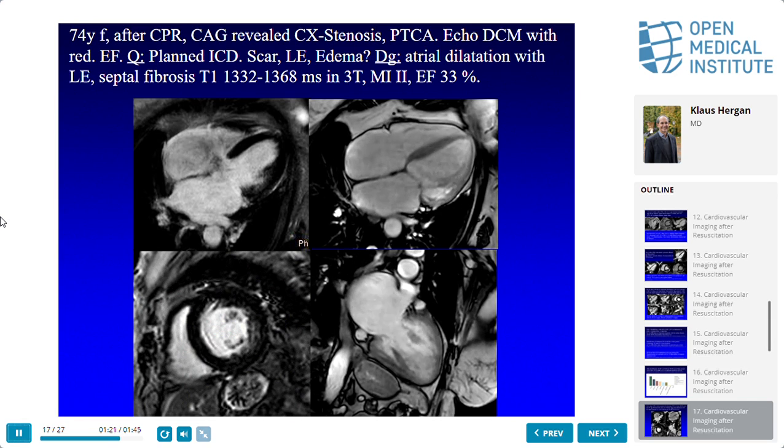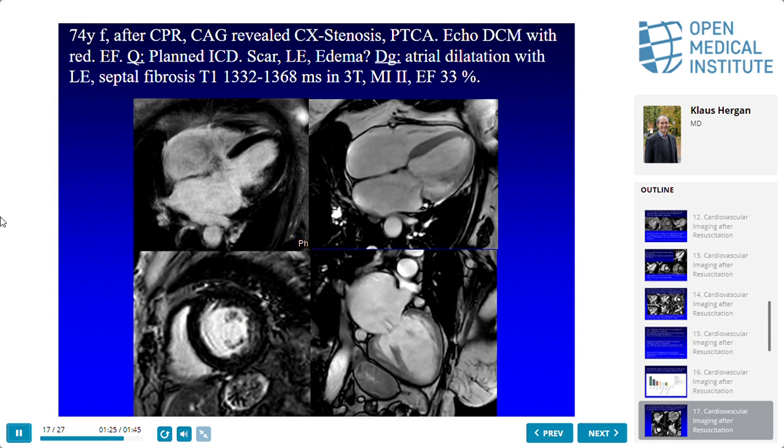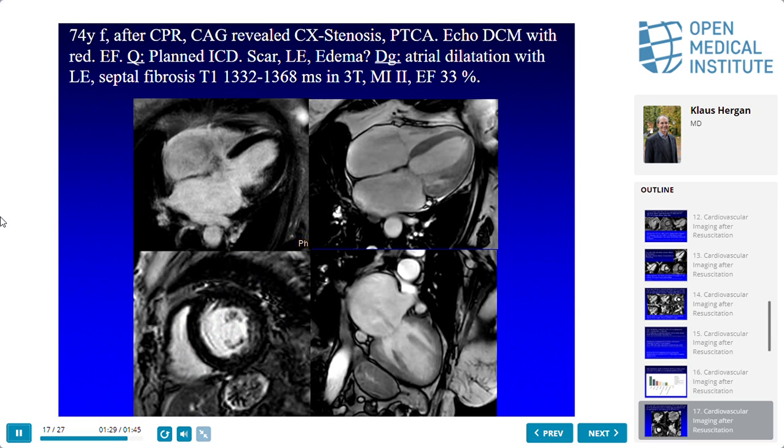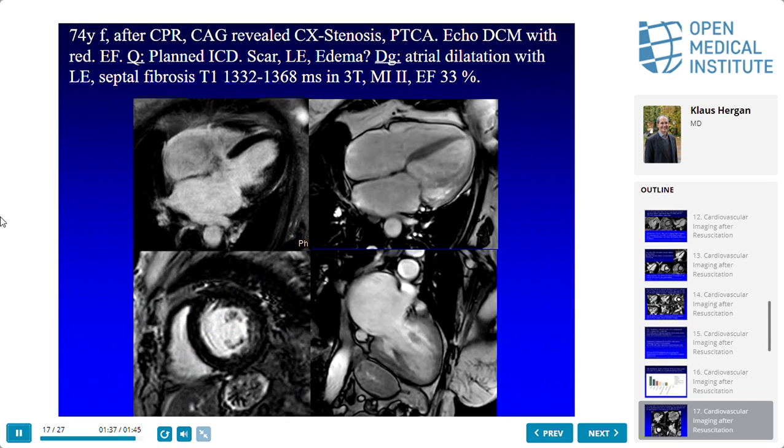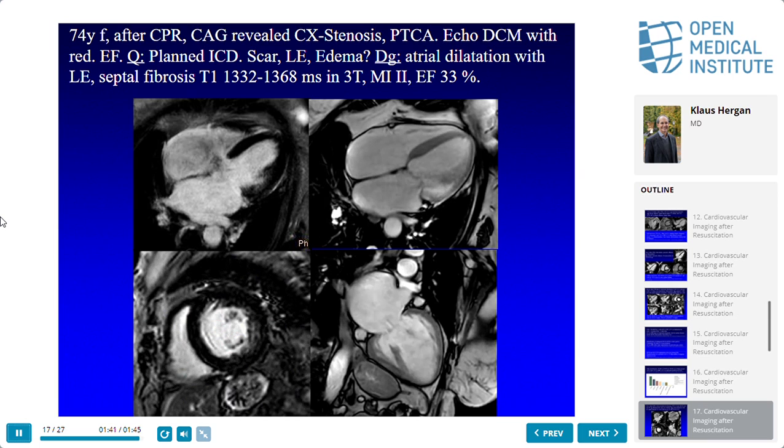But we found an elevation of T1. At 3 Tesla, more than around 1300 milliseconds is pathologic, and this can be caused by fibrosis in the microstructure. You may not see it with late enhancement, but you see it with this T1 mapping.